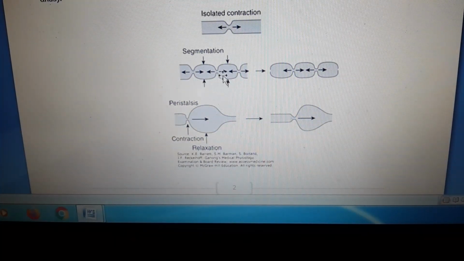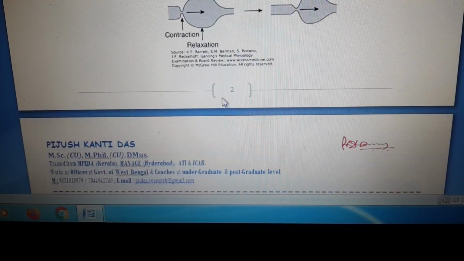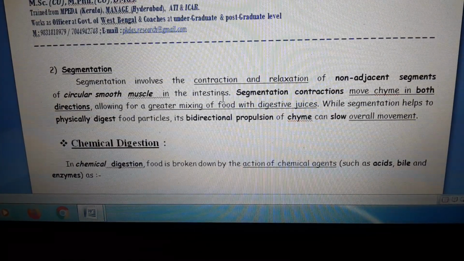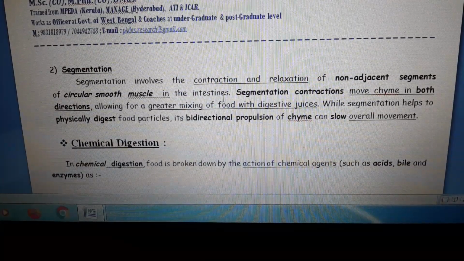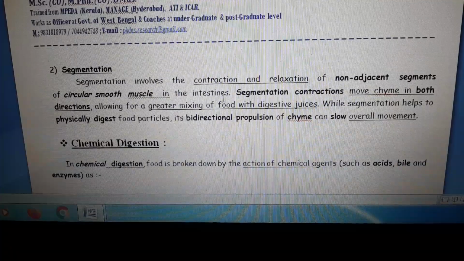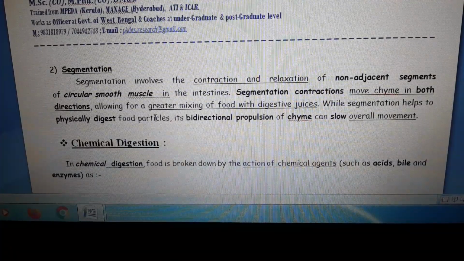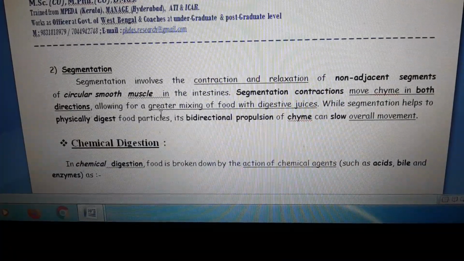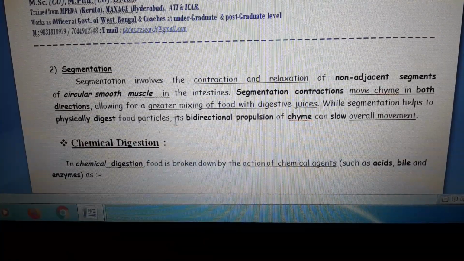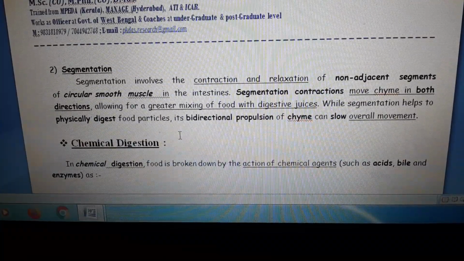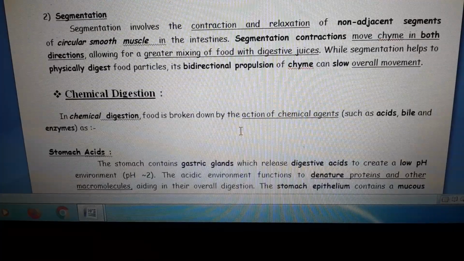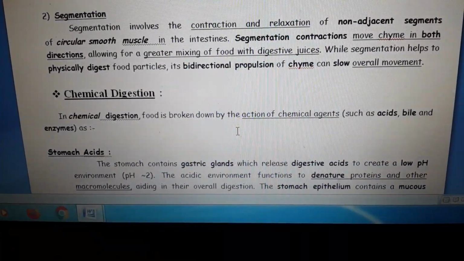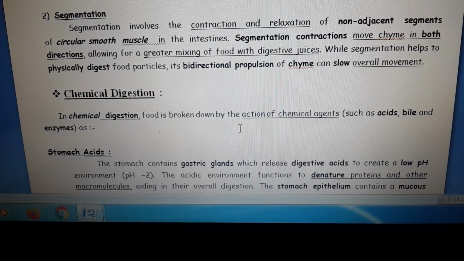These non-adjacent segments contain circular muscles, and the circular muscles contract and relax for movement in both directions of the food bolus, for greater mixing of the food with digestive juice. The overall segmentation process helps the chyme in its bidirectional propulsion and makes the movement of the chyme slower.